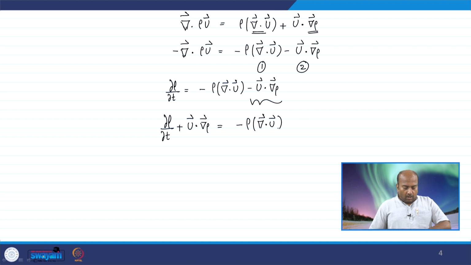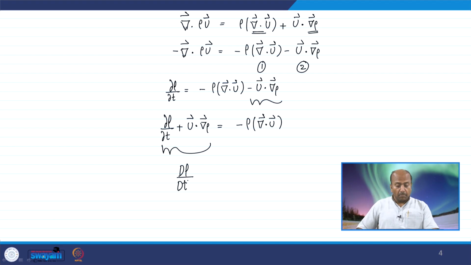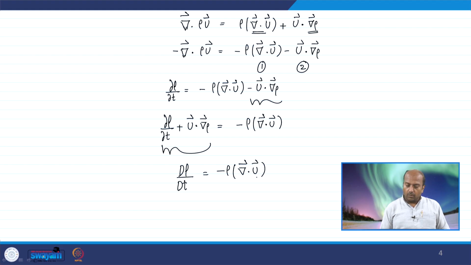You see, the sum appearing on the left hand side looks very similar to the standard form of the total derivative, capital D rho by dt. You have the partial change of density with respect to time plus an advection term, which is equal to the total derivative of the density. So, capital D rho by dt is simply equal to minus rho times del dot u.